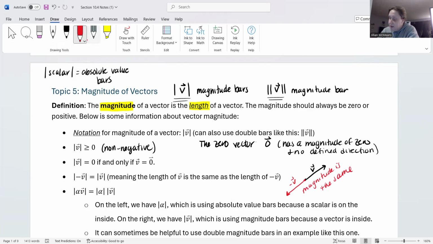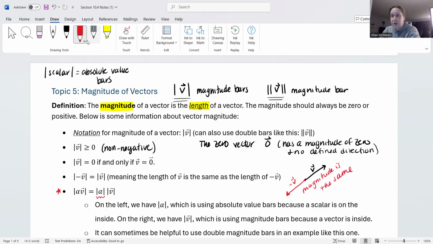And then finally, this last one, we can really talk about the bars, absolute value versus magnitude bars. We're saying if we have the magnitude of some scalar times some vector v, we could rewrite that as the absolute value of the scalar times the magnitude of the vector, okay? So on the left right here, we're dealing with the absolute value of a.